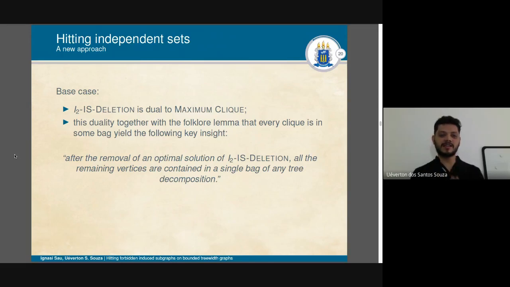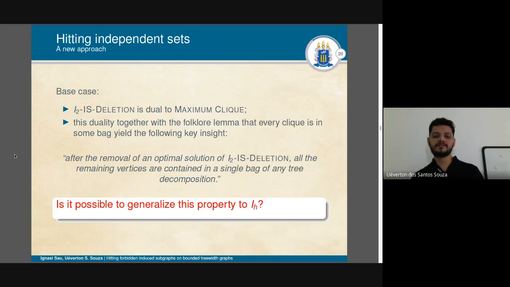This means that if you remove an optimal solution of that problem, then the resulting graph is a clique. So we know that a clique is contained inside a bag. Then this implies that after the removal of an optimal solution, the remaining vertices are contained in just one bag.